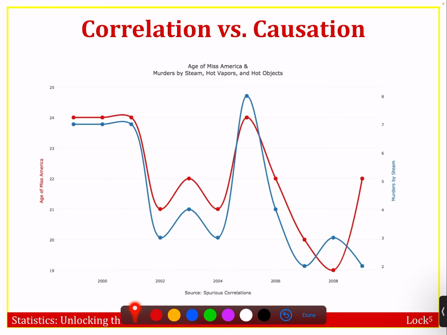This is an example of correlation, but not causation. I can't think of any link by which the age of the Miss America winner could be related to the number of murders by steam in a given year. Correlation, but no causation.